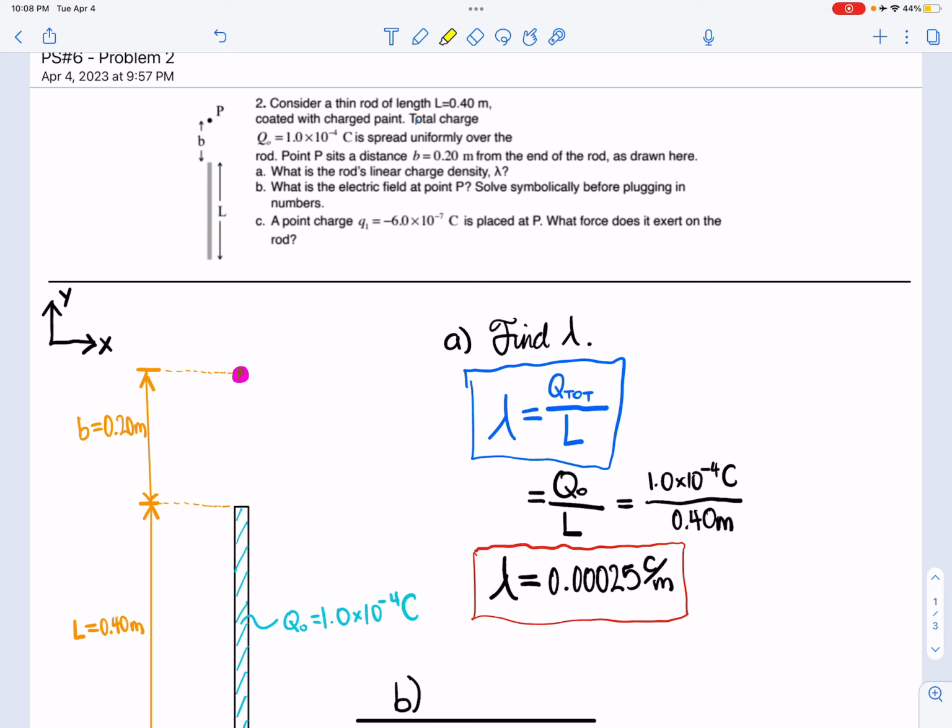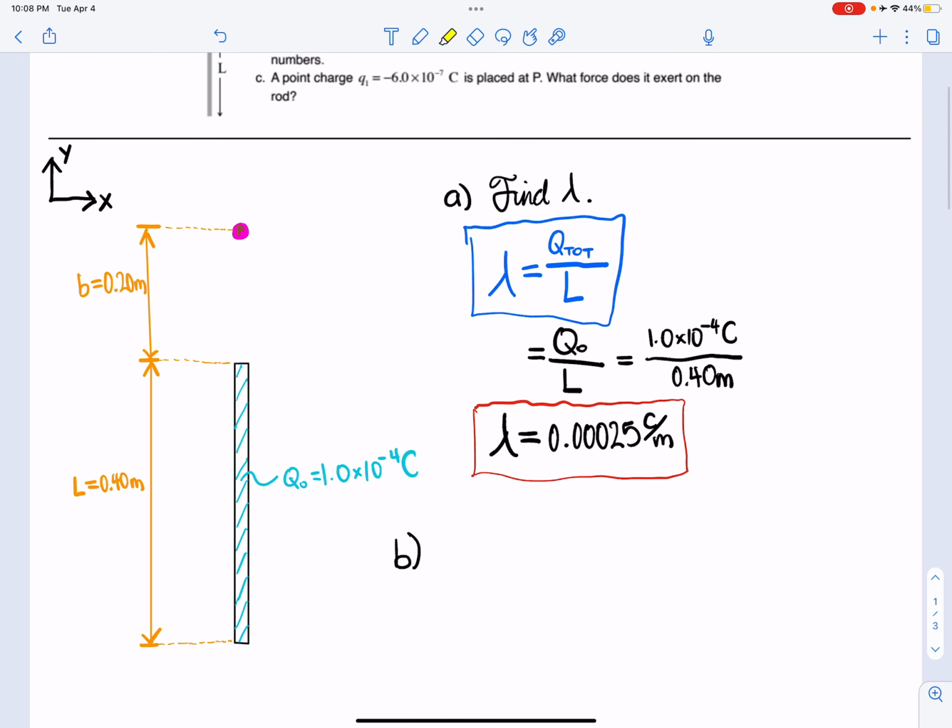So there's going to be an electric field at this point, point P, due to this thin rod, because it's charged. Due to this charged rod right here, I'm going to feel a certain electric field at point P. Now we want to know what is that electric field at point P.